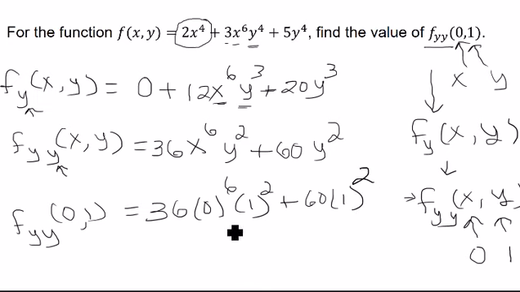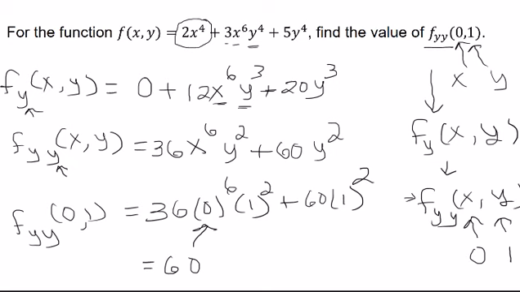And this 0 right here is going to make the whole entire thing into 0, so that first term completely disappears. The second term is 60 times 1 squared. 1 to the power 2 is just 1, so it's a 60. You can try it in your calculator if you're not sure.